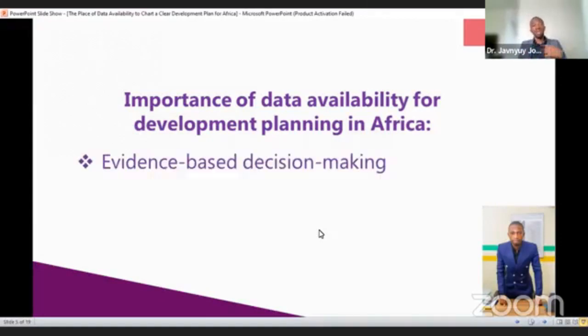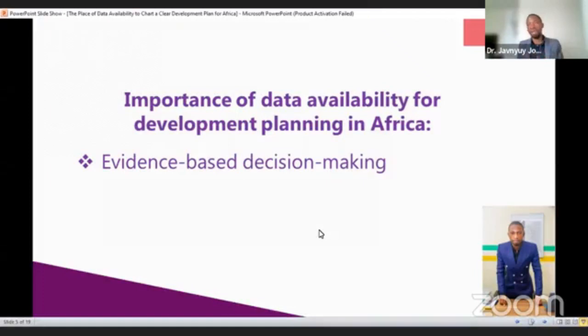Of the many importance of data availability for development planning in Africa, number one is it enables policymakers. When we talk about policymakers, these could be presidents, ministers, directors, parliamentarians, senators. It helps all these people to practice evidence-based decision making.